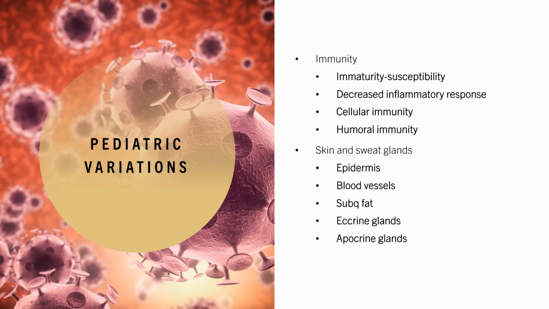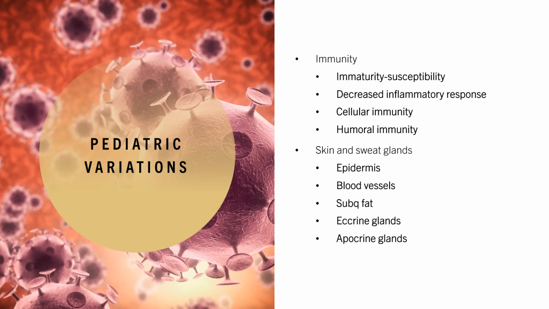So the infant loses heat more readily through their skin than an older child or an adult. This also allows for substances to be absorbed through the skin more readily than it would be in an adult, because the blood vessels are right there so close to the epidermis and there's no subcu fat.